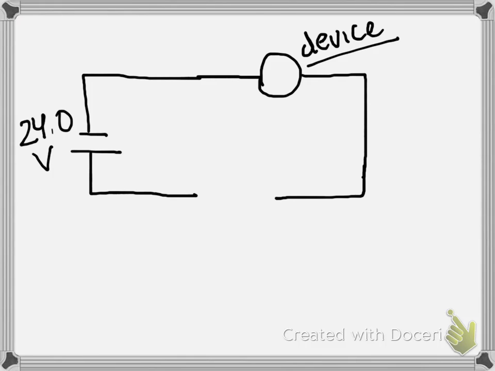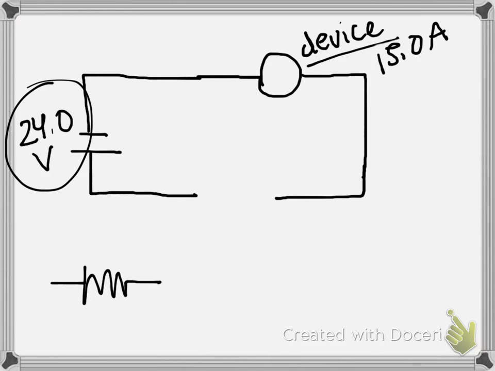So let's assume that we have a 24-volt power source on a direct current circuit, and wired into that circuit we have some sort of device which requires 15 amps of current be delivered to it for it to operate correctly. The question is, what size resistor do we need to wire into this circuit to make sure that the device receives the correct amount of current?